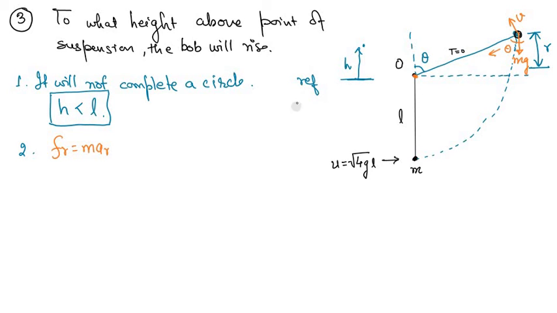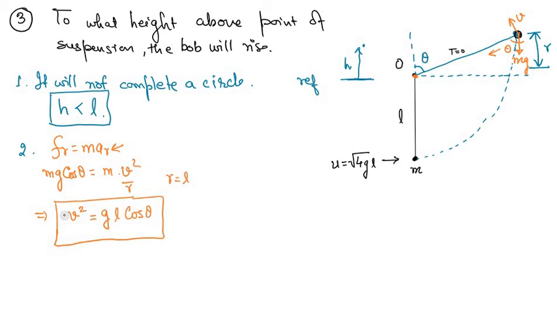So mg cos theta equals m times the radial acceleration, v square by r. So v square is g times r, and r is equal to L here. So you will get gL cos theta.